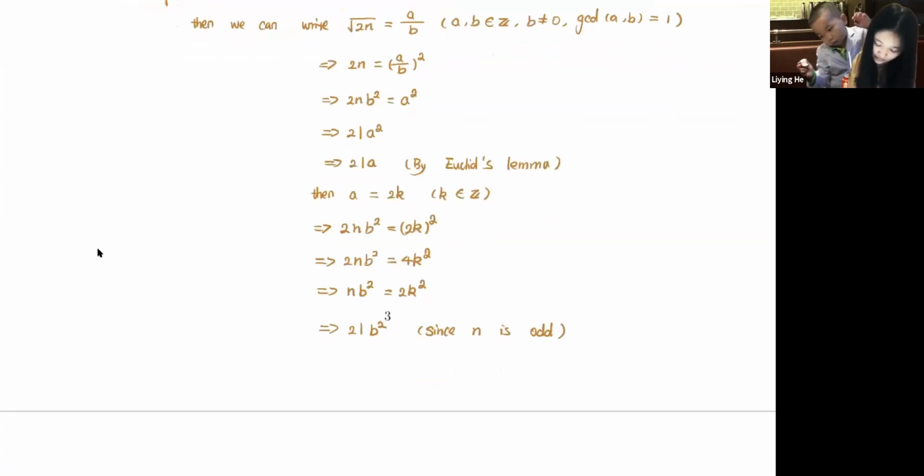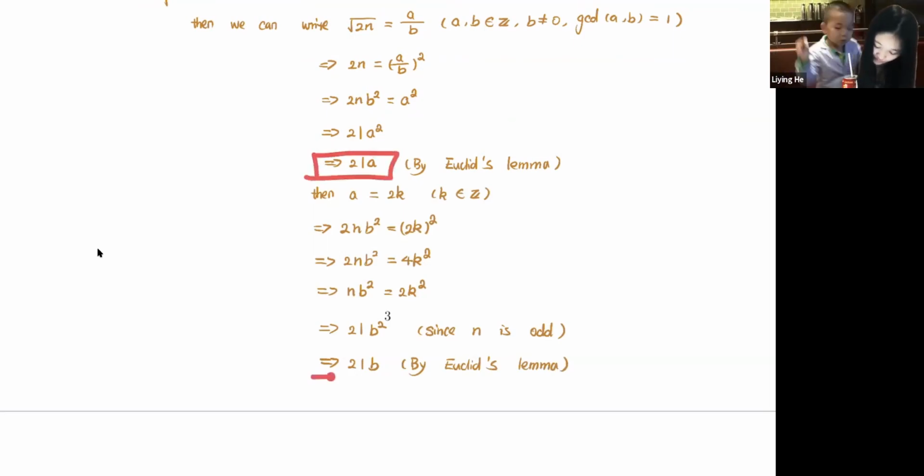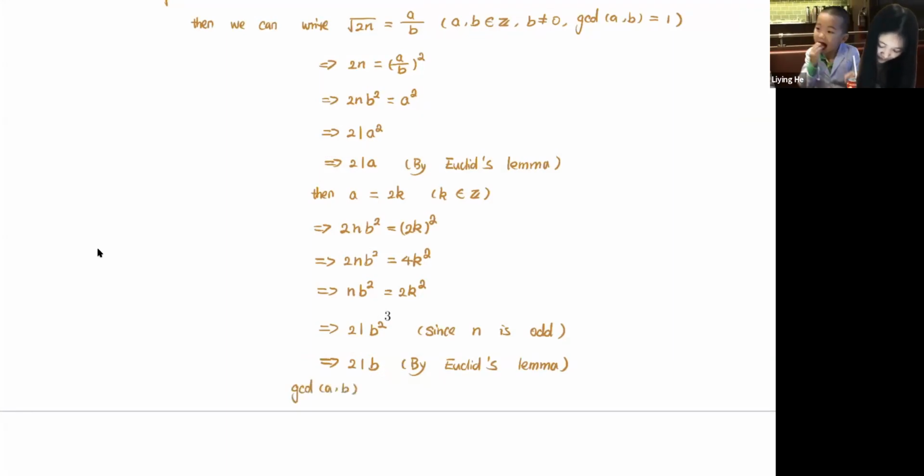Alright, so by the lemma, this means 2 divides b as well. Now we have 2 divides a and 2 divides b, which means the GCD of a and b is at least 2.